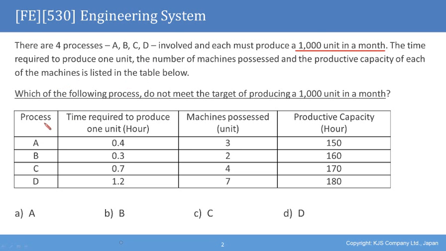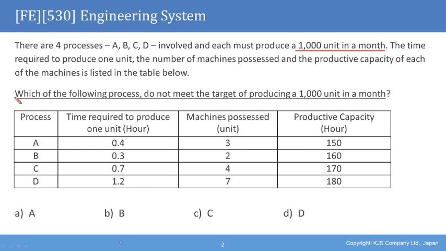You have the process and the time required to produce 1 unit of each, the machines possessed, and productive capacity, where the times are measured in hours and the machines possessed are in units. Process A, it takes 0.4 hours to produce 1 unit, with 3 machines possessed and 150 hours of productive capacity, and so on for each other process.